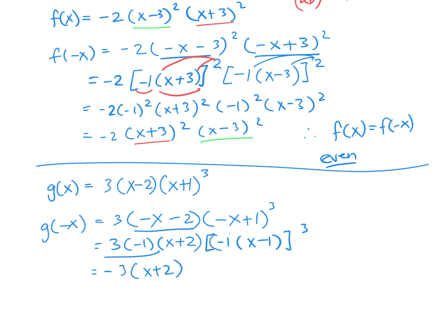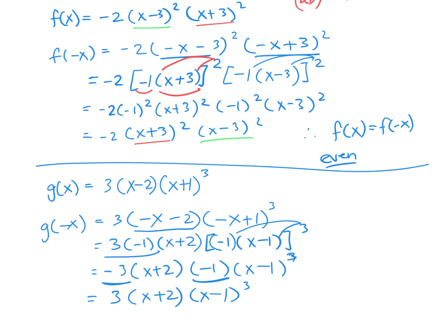And then here, when we have negative 1 to the power of 3, that's going to be negative, and then x minus 1 to the power of 3. And then I can clean up the negative 3 times the negative 1, that's positive. Now, if I compare my functions right now, they are not the same thing.